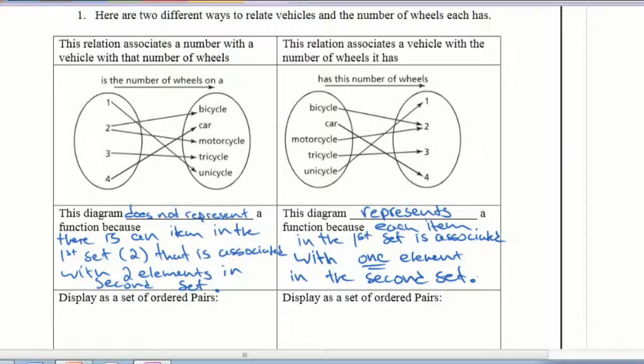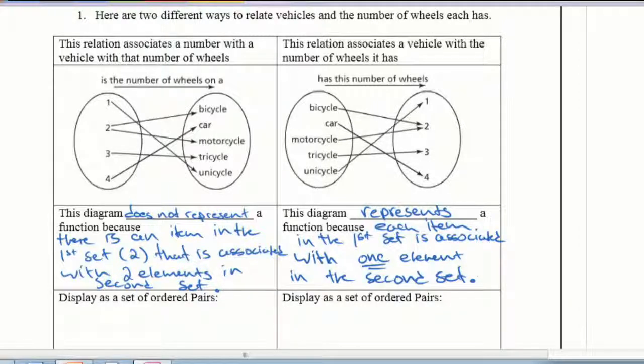So I guess the catch here is that even though bicycle and motorcycle are both referring to the same number, that's okay. But when we go the other way, the 2 represents 2 things in the second set, so it's not a function.